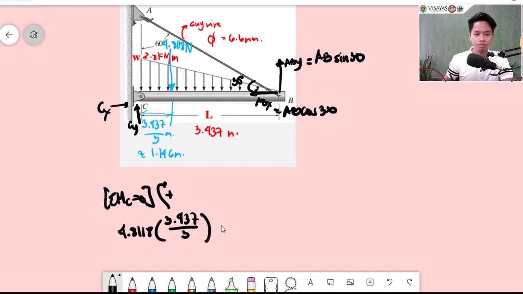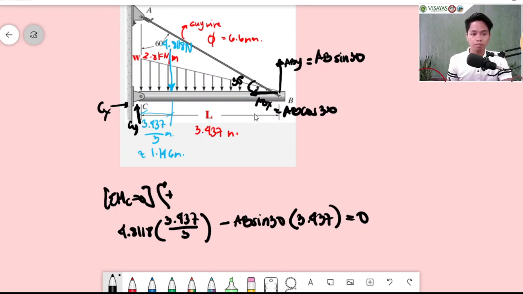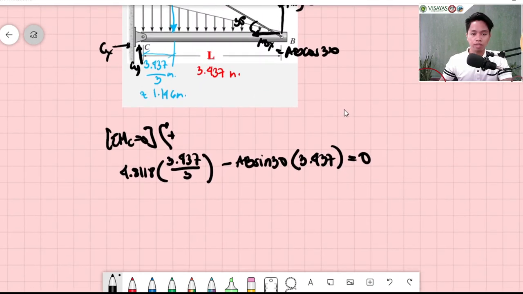Then minus AB sine 30, since this is negative, and the moment arm is 3.437, equal to 0. CX and ABX will not create moment at C, of course, since they pass through it. Very basic knowledge for moment.